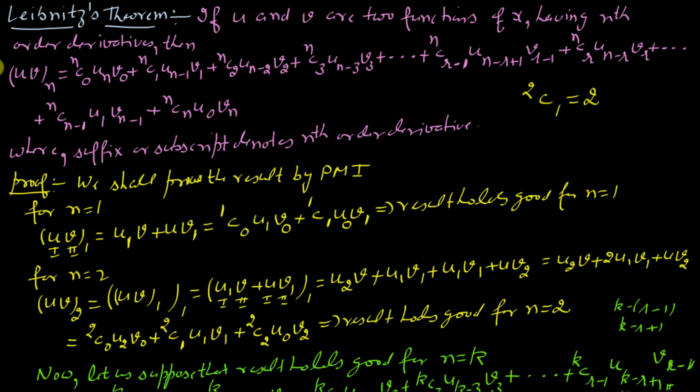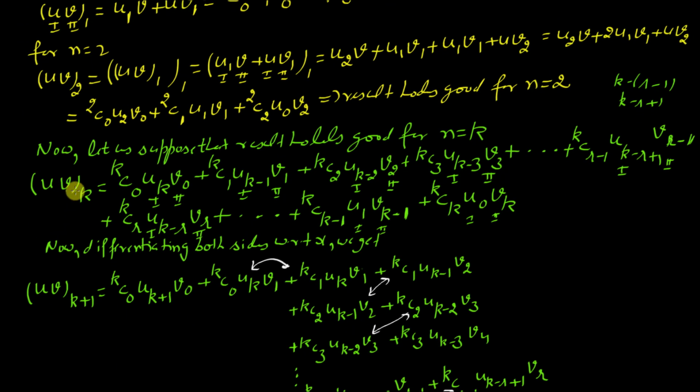So we have proved the result by the principle of mathematical induction. Firstly we proved it for n is equal to 1 by applying the product rule simply. Then we again did it by applying the product rule 2 times and proved that it holds for n is equal to 2. Then we assumed that it holds for n is equal to k and assumed these terms. In between we took the rth and (r plus 1)th term, and then it continues to the second last and the last term.